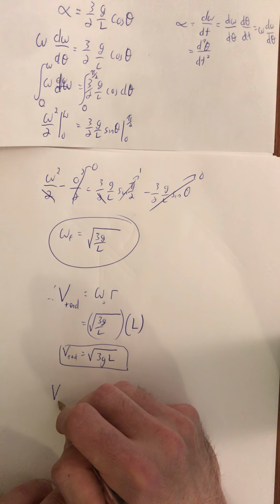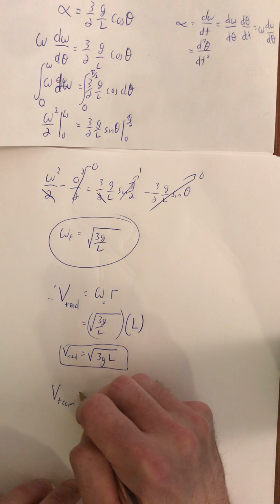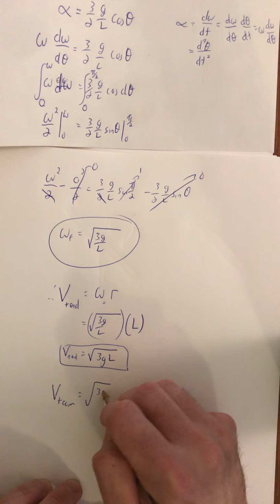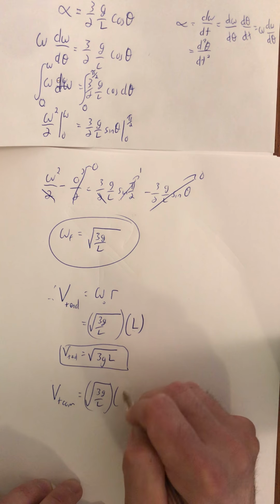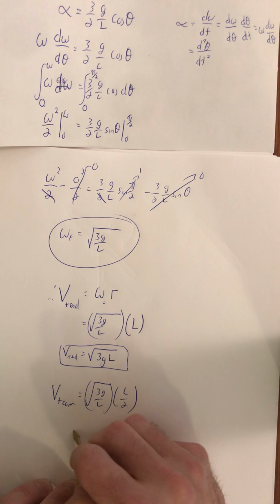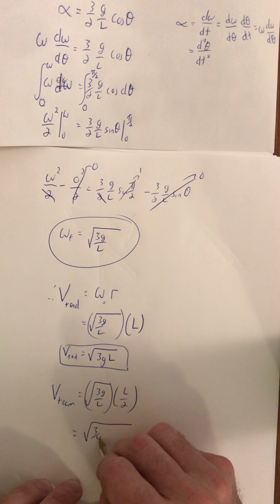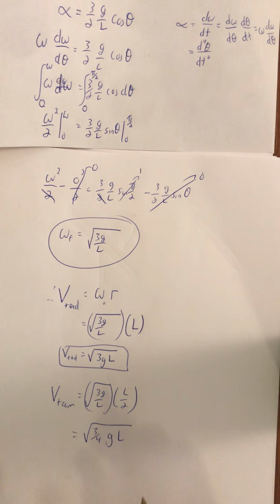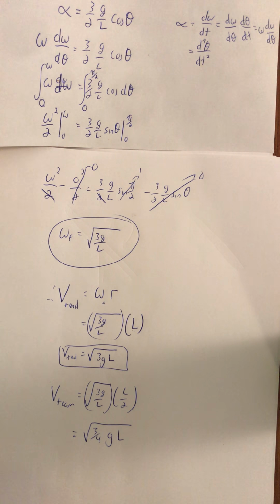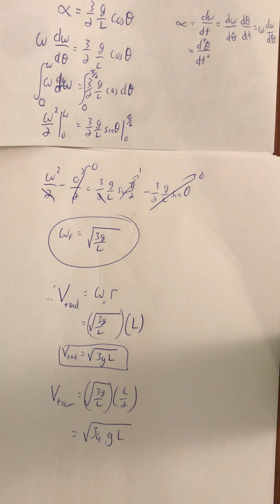If I wanted to know how fast tangentially the center of mass point would be going, that would just be radical 3g over L, and then times L over 2, and so that would just be radical 3gL over 4, right? So different points on that bar are moving at different speeds. So that's the terrible way of doing this.